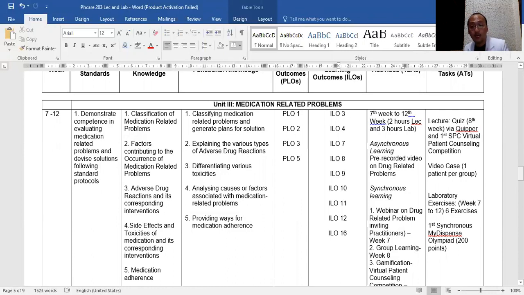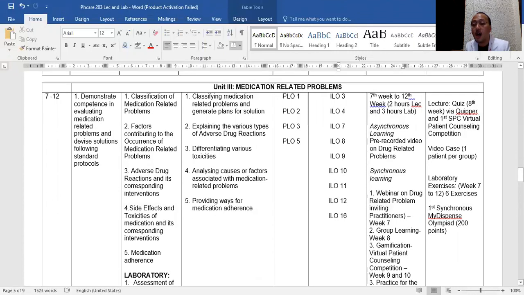A webinar will be given to you by certain experts in the field. Certain practitioners will be invited so that you'll be able to learn on an industry basis. At the same time, we're going to have group learning on week number 8, and, of course, gamification and a virtual patient counseling competition.